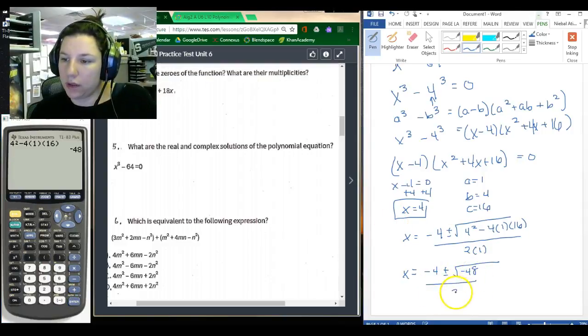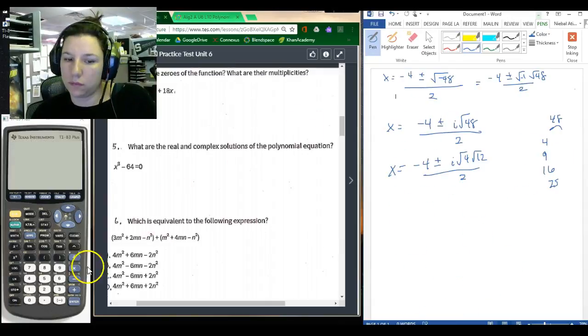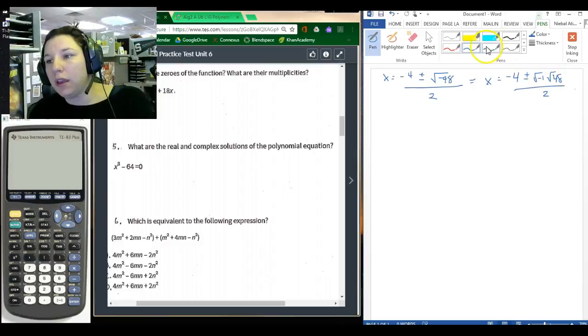We get negative 48 over 2. I'm going to keep simplifying that, so let me make some more space. So how can we rewrite this? First we can split up this negative to say that we have x equals negative 4 plus or minus the square root of negative 1 times the square root of 48 all over 2. That square root of a negative 1 can be replaced with i.